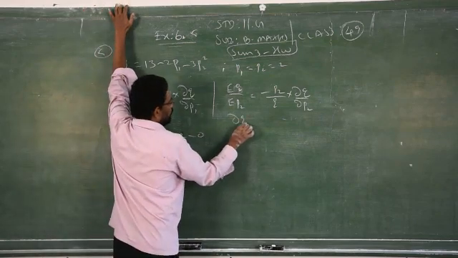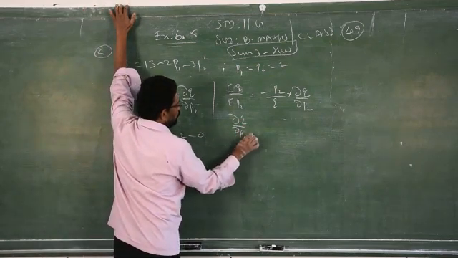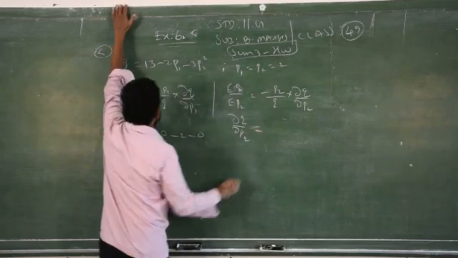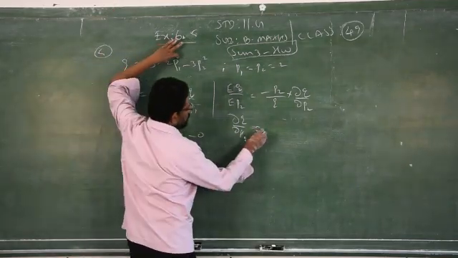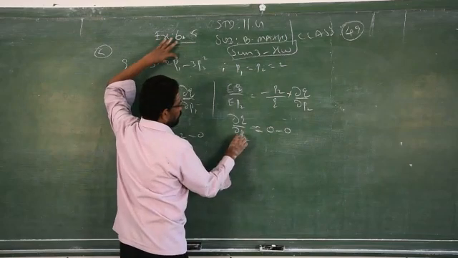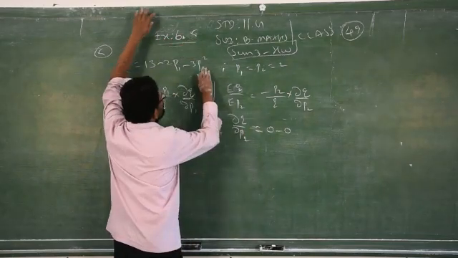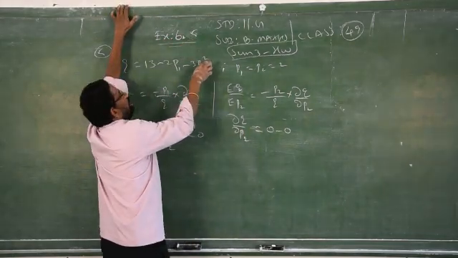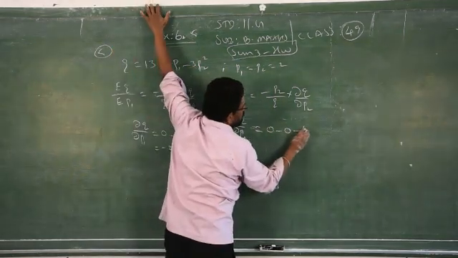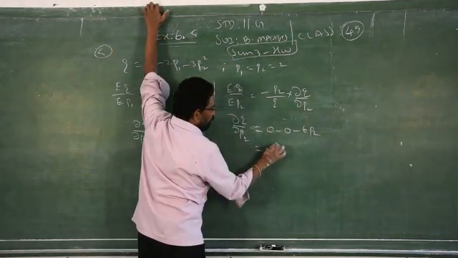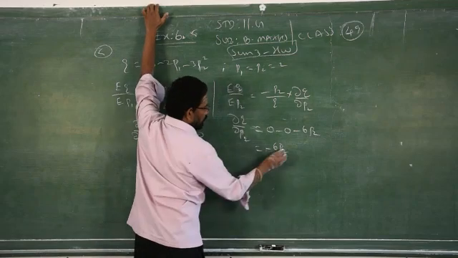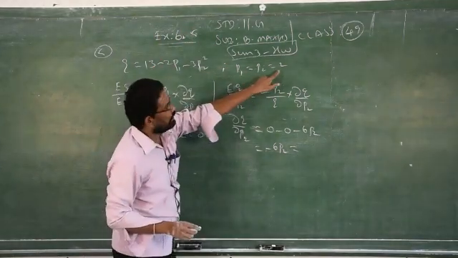Next, ∂Q by ∂P2. Differentiate with respect to P2. Here P2 is there, P2 square. So you have to take the power as a multiplier, that is 6P2, minus 6P2. Here the P2 value is given already in the book, that is 2.